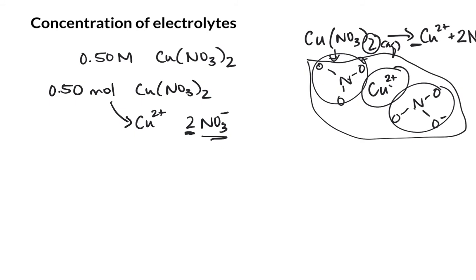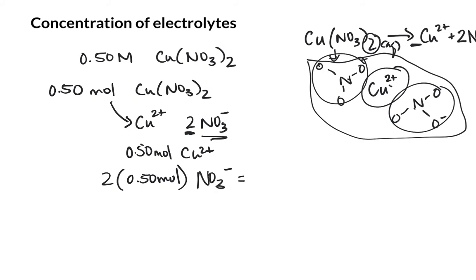And so we have 0.5 moles of Cu2 plus, and we are going to have 2 times 0.50 moles of nitrate, which gives us a 1 molar concentration of the nitrate ions, because for every mole of the molecule that we have, we get 2 moles of nitrate ions.